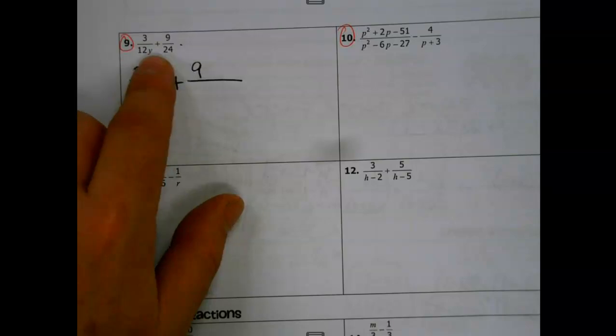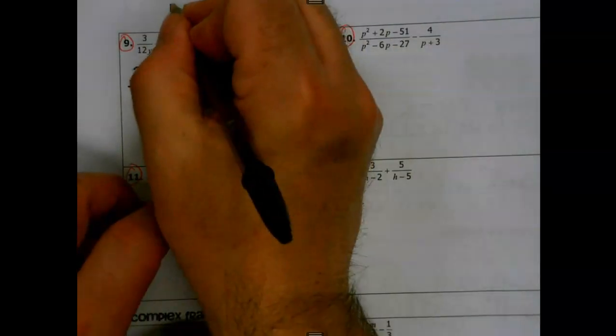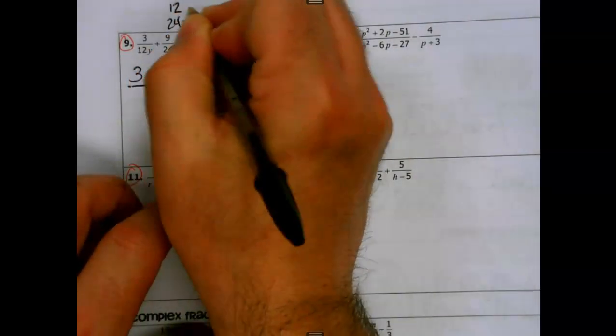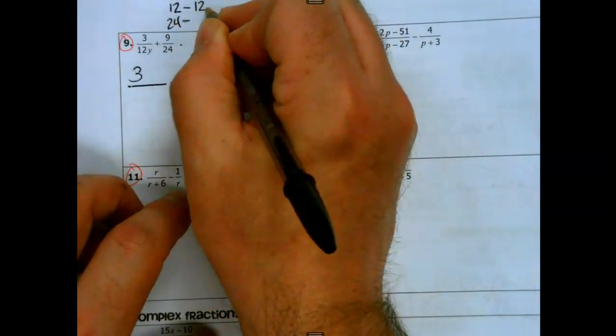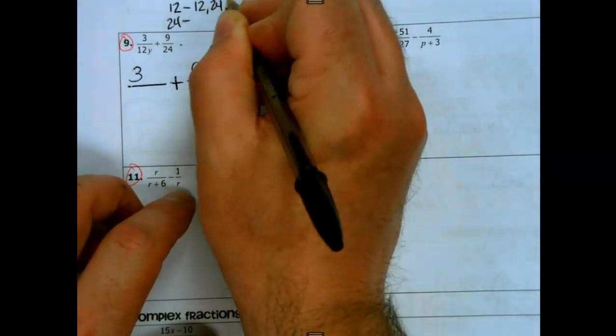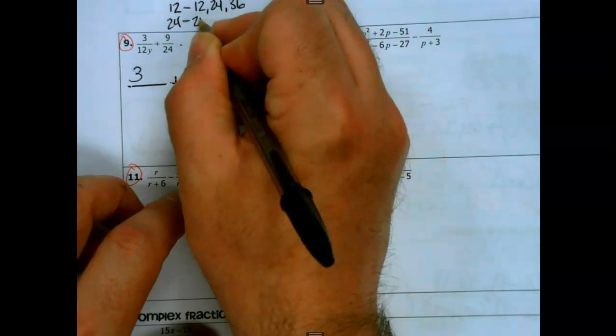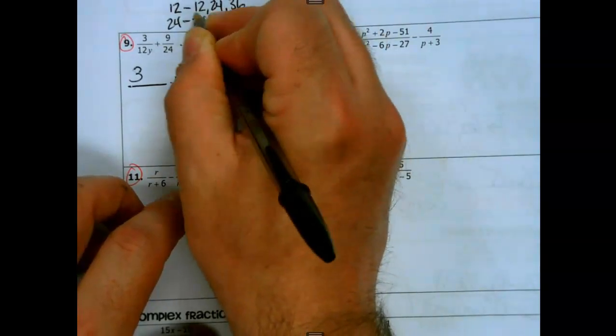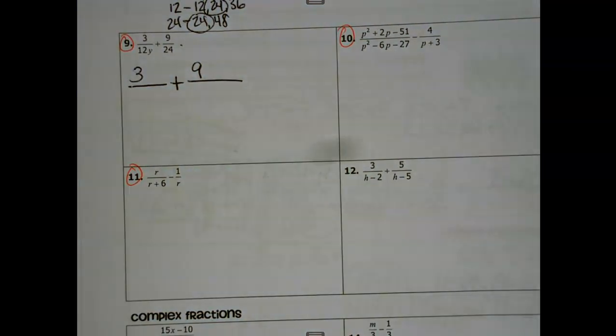12 and 24. So basically, we're going to write this out. If you start counting by 12s and 24s, it doesn't take long for you to see that they're both in the same column.